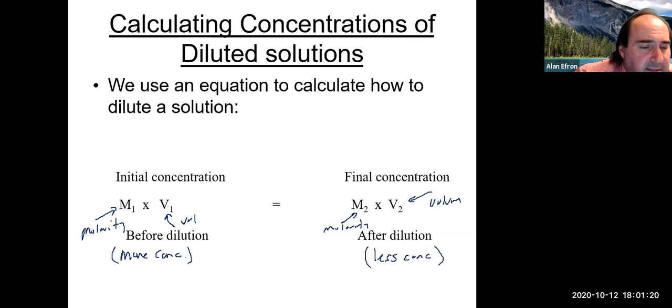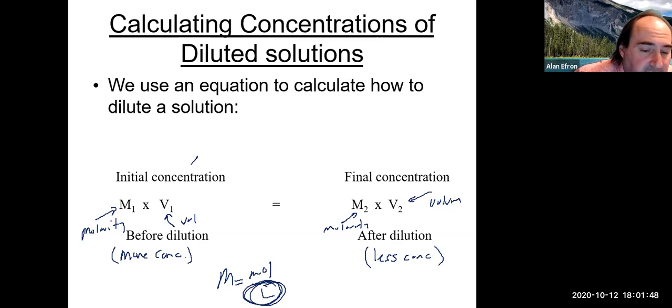And you could use this to figure out how to make a solution. M1V1 equals M2V2. For volume here, it doesn't matter; you could actually use milliliters on both sides. It will work out perfectly fine, something we talked about last time as well. If you use milliliters, you'll just get milliliters on the other side, or if you use liters, you get liters. But just to be clear, if you're using just the molarity formula by itself, the volume does need to be in liters.